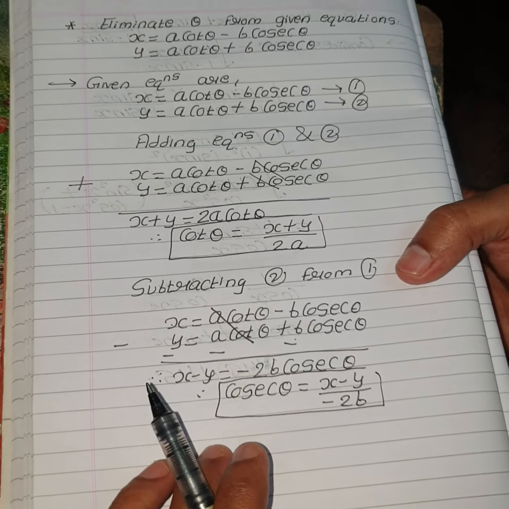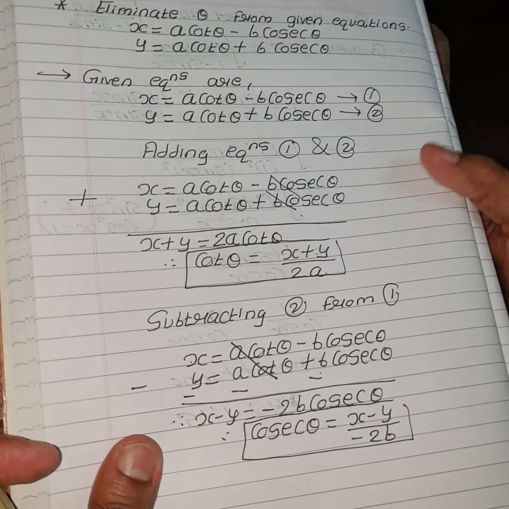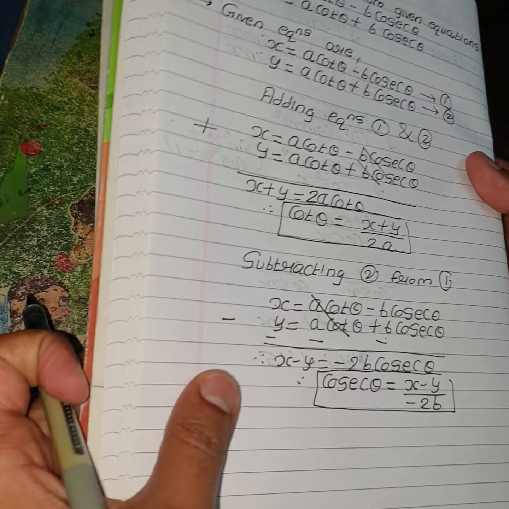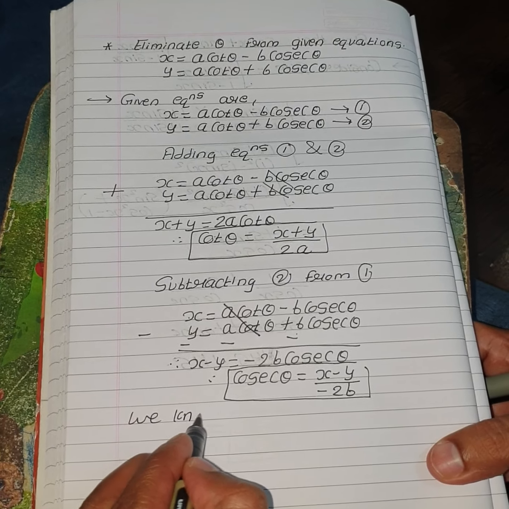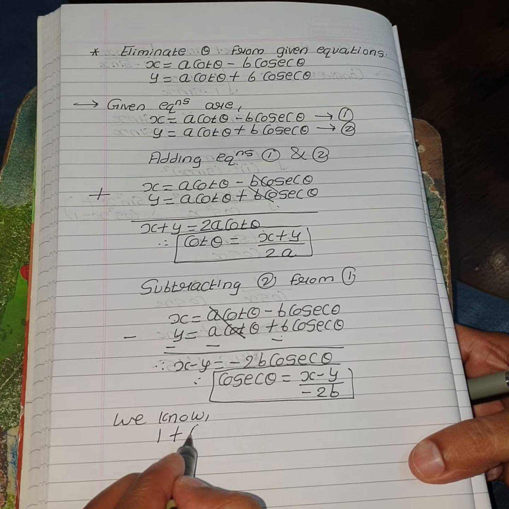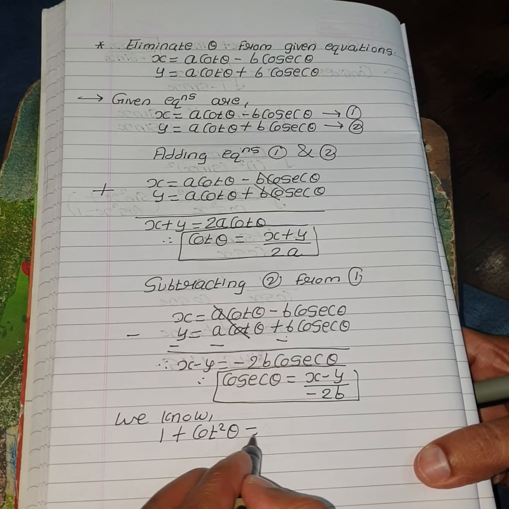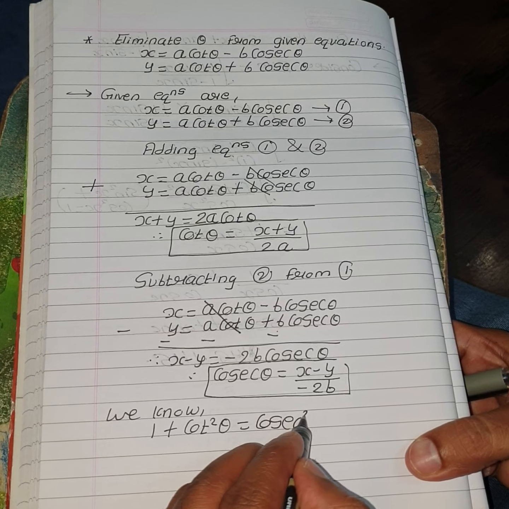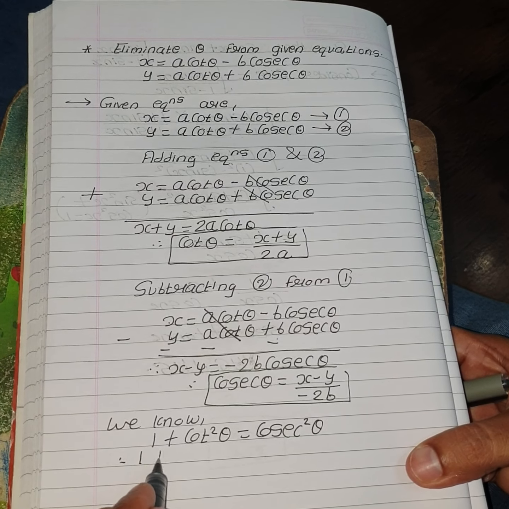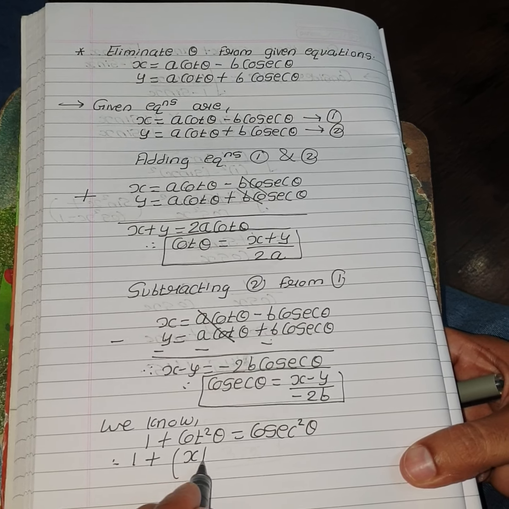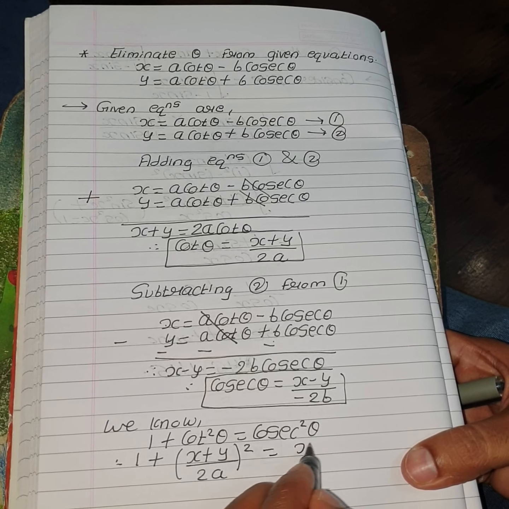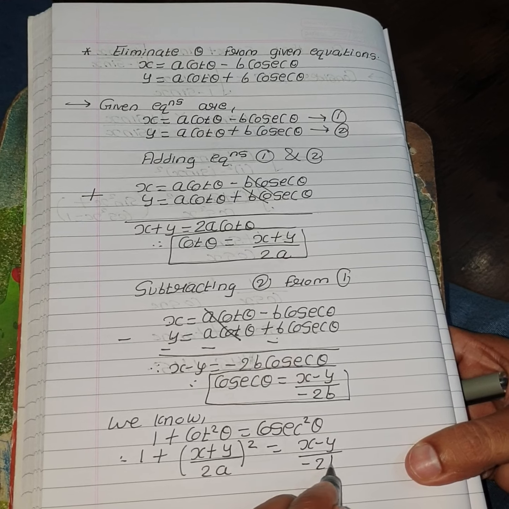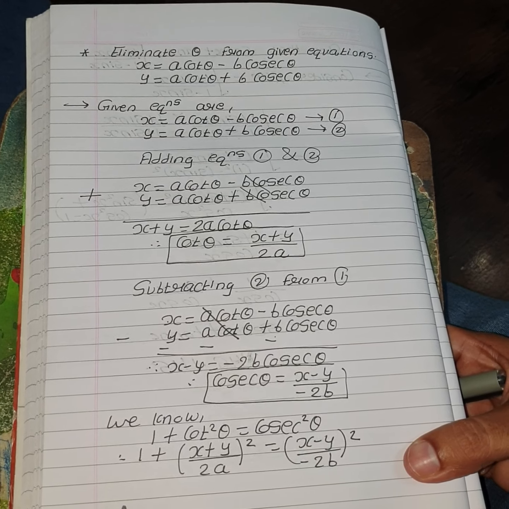Now we got the value of cot theta, we got the value of cosec theta. We know one identity. What is that identity? We know 1 plus cot square theta is equal to cosec square theta. Substitute the values, 1 plus bracket x plus y upon 2a bracket square is equal to bracket x minus y upon minus 2b bracket square.